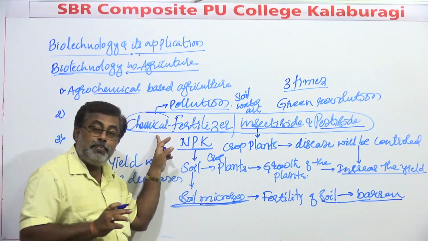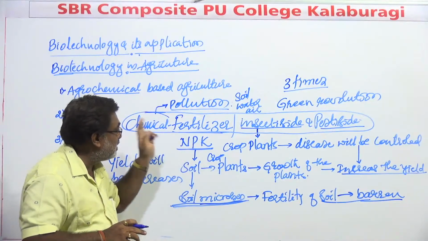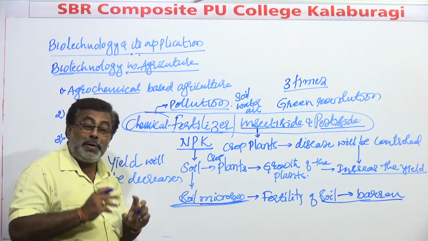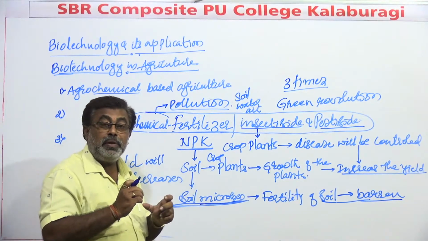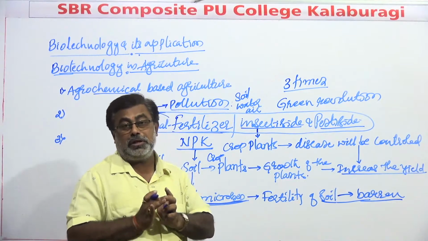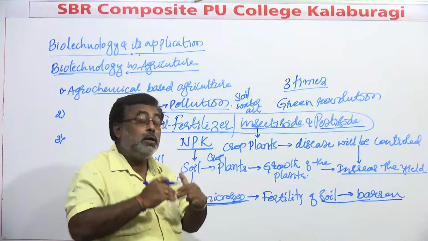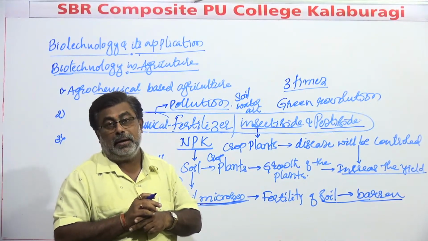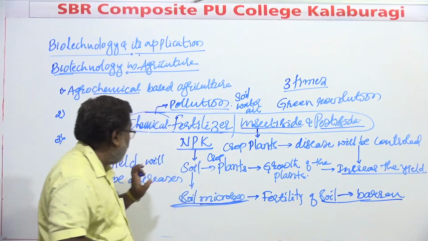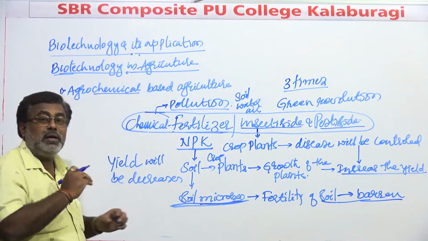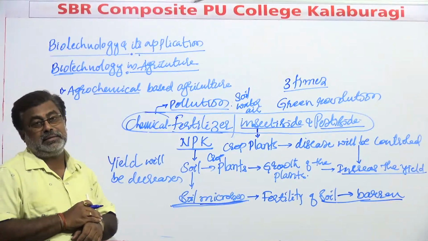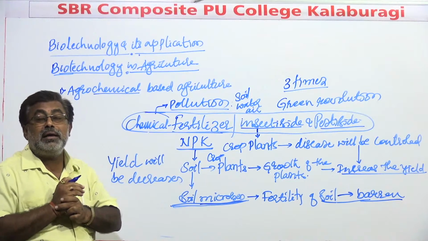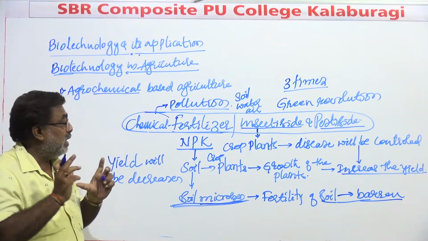These chemicals, that may be insecticide, pesticide, or fertilizers, will kill the harmful pathogen. Along with that, useful microorganisms are also killed. So by this, the yield of the plant will decrease.